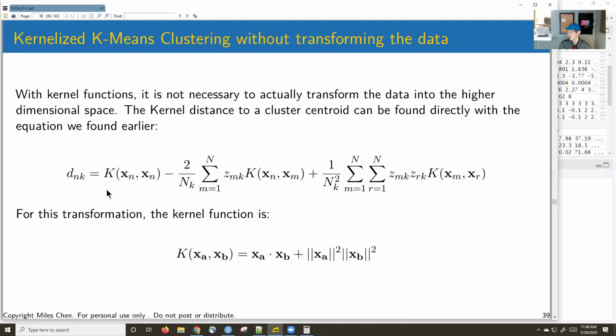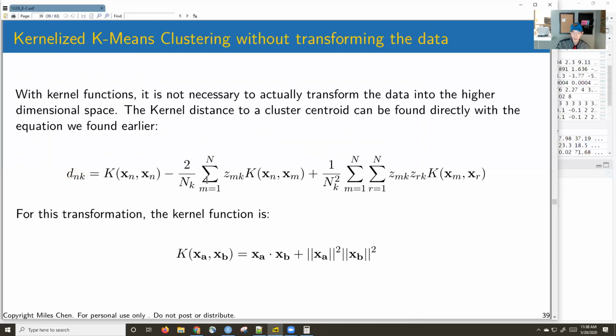I'm not going to project the data into 3D or even bother calculating the centroid, but I'm still going to be able to get that distance, because we have re-expressed that distance as this kernel function, okay?